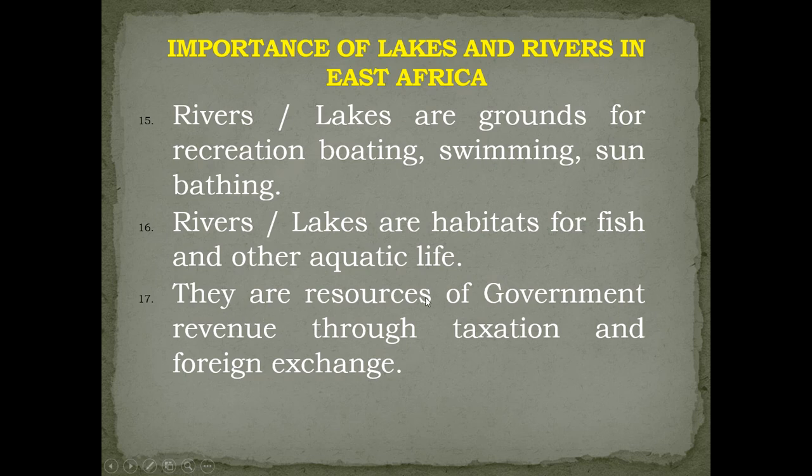Then the rivers and lakes are sources of government revenue. They are resources from which the government gets revenue, and this is mainly through taxation and the other exchanges which are made from water, like in Uganda we have the National Water and Sewerage Corporation, the corporation that distributes water, and we're supposed to pay for it.